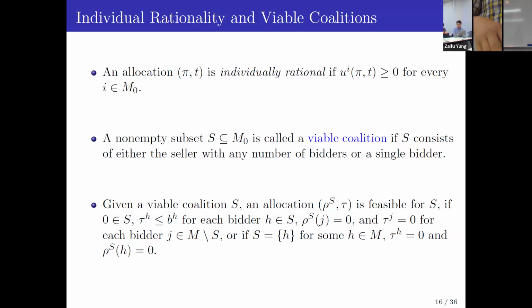We don't need to consider coalitions of several bidders alone because they do not have any effect, but we need to consider an individual bidder. The only coalition that matters is one with the seller and the bidders, and that's quite crucial. So we just restrict the number of coalitions, because other coalitions beyond this have no effect.